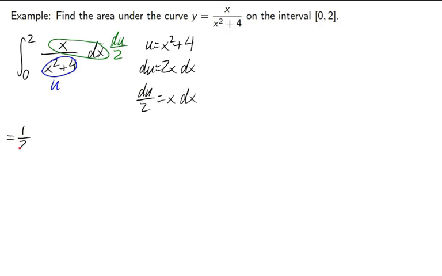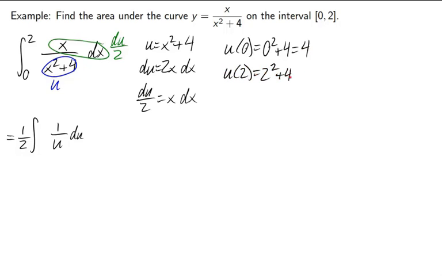We got a 1/2 in front from the du. The x and the dx become just the du, so I have 1 over u du. I need to change my limits. U of 0 would be 0 squared plus 4, which is 4. U of 2 would be 2 squared plus 4, which is 8. We're going to go from 4 to 8 here.